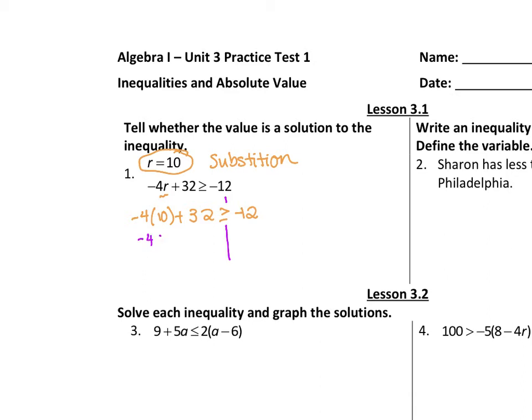I'm going to simplify this side, make it negative 40 plus 32 greater than or equal to negative 12. And then combine those two, and I get negative 12. Is that greater than or equal to negative 12? And this is true. That is a true statement. So yes, it is a solution.